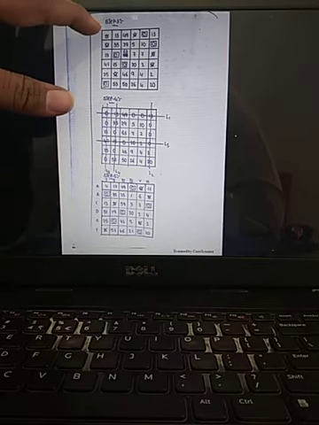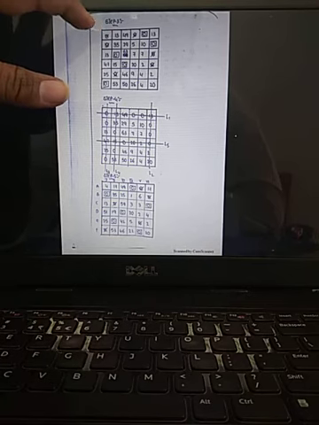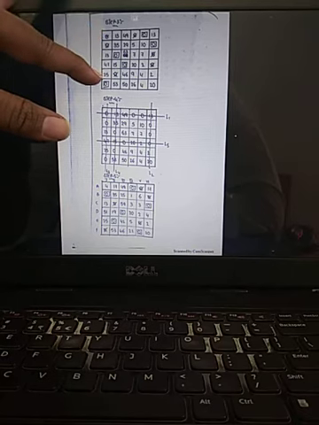Now see your assignments. If you see the first row, how many zeros are there here? 3 zeros are there. I have given selection for the third 0. Why? The logic is here. If I give selection for this first 0, you need to cancel how many zeros? 1, 2 zeros.